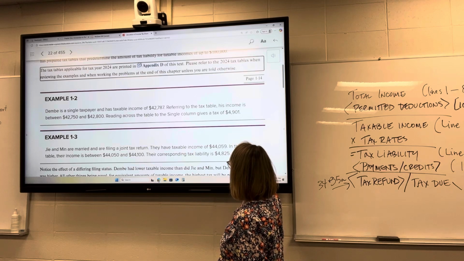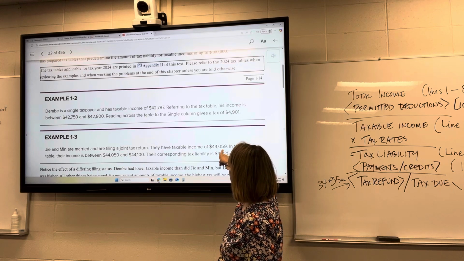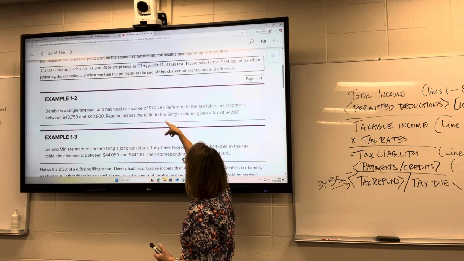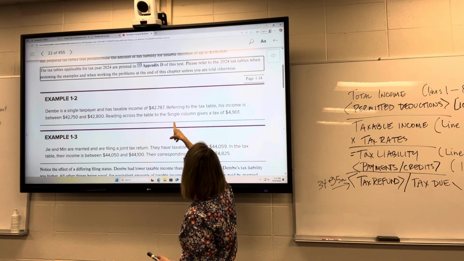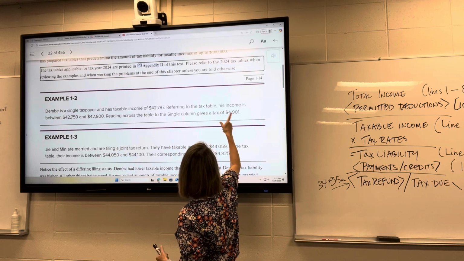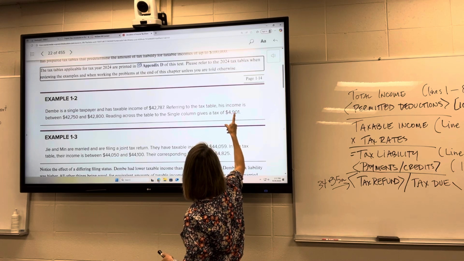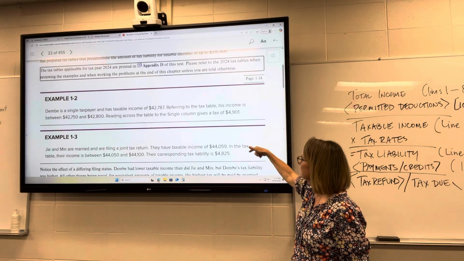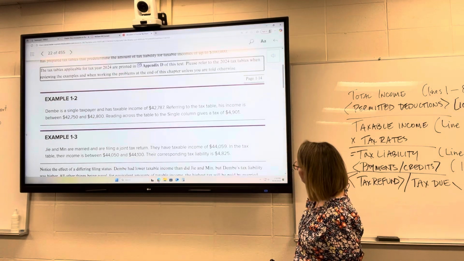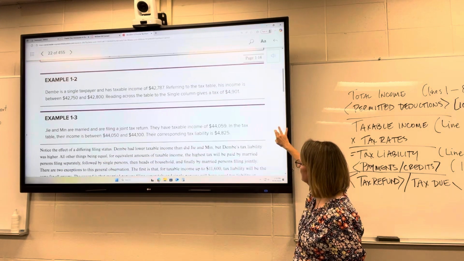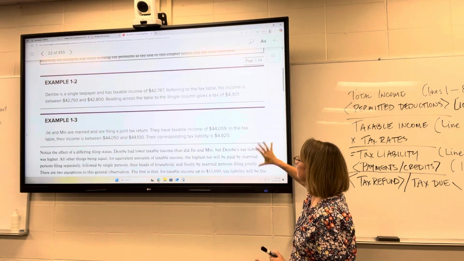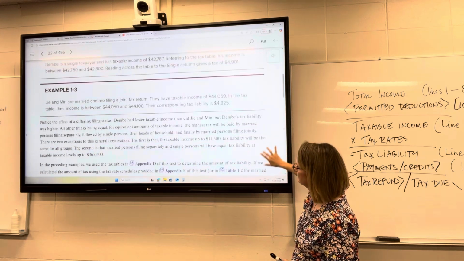These are married taxpayers, $44,059. So their income is higher than this single individual, but the single individual has a higher tax than the married couple. It's not much higher. I would have expected it to be a lot higher than that. So just showing you the difference between the different filing statuses.